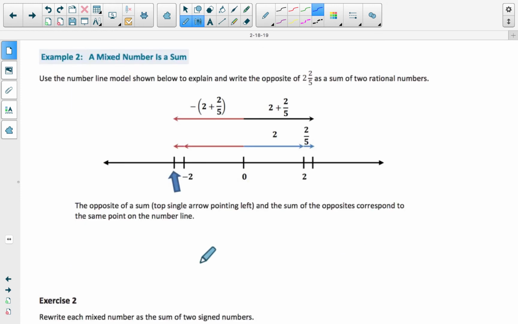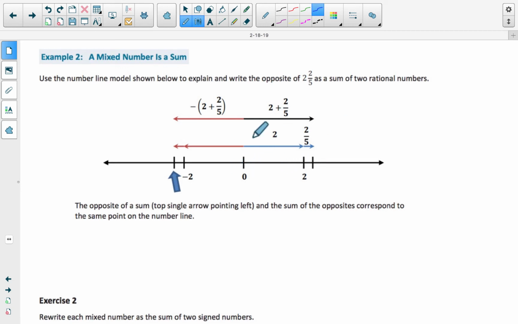For example number 2, we're going to look at mixed numbers in detail because mixed numbers aren't used super frequently in math, and you guys haven't had too much practice with them as much as maybe just regular fractions or even improper fractions. Now, 2 2/5.